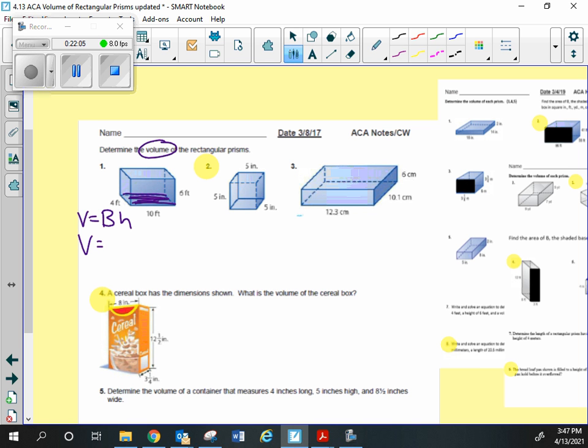I'm only putting it in parentheses so you can see that that is the big B. 4 times 10, and then the height would be 6. It doesn't matter what order I multiply that in, even though there's grouping there, I can do it in whatever order. In my mind, I'm a lazy mathematician. I'm going to say 10 times 6, because that does add a 0 usually. 4 times 6, add a 0. 240.